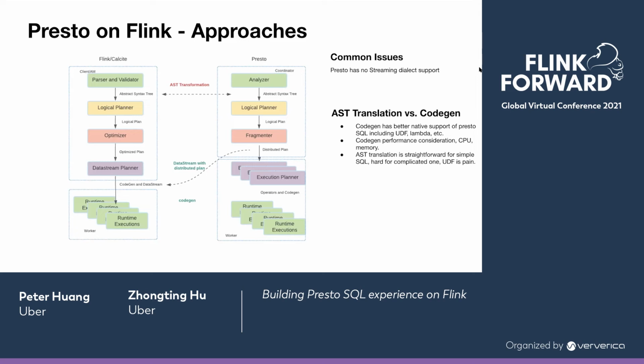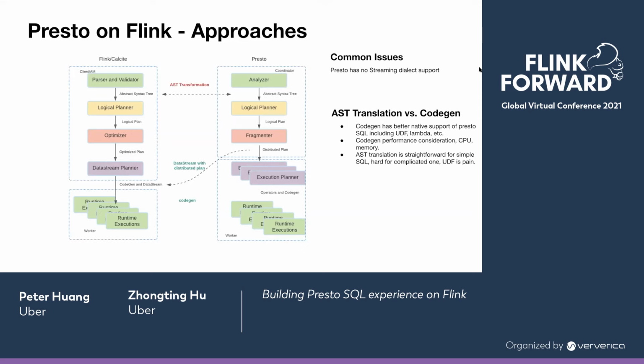Another way is to do the code generation translation, where we still use the Presto SQL engine to parse and do all this kind of optimization. Then finally, it will use the bytecode generator to generate the execution code in Flink directly. So these are the two ways.